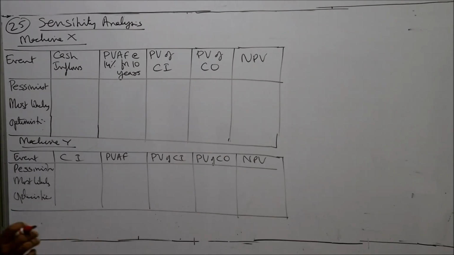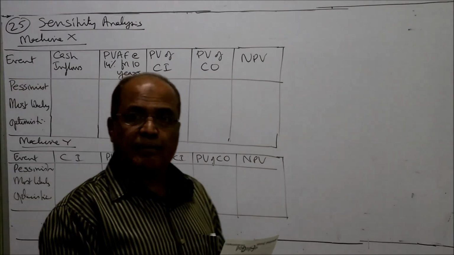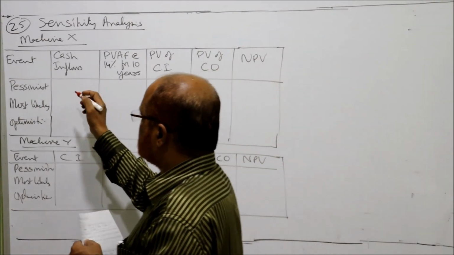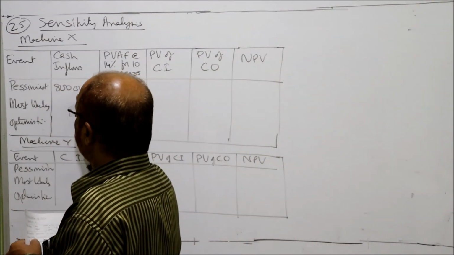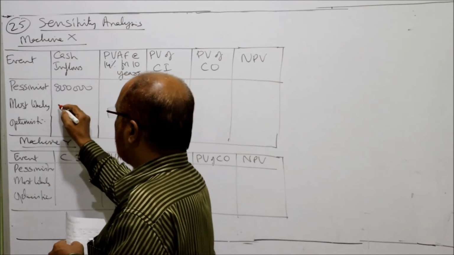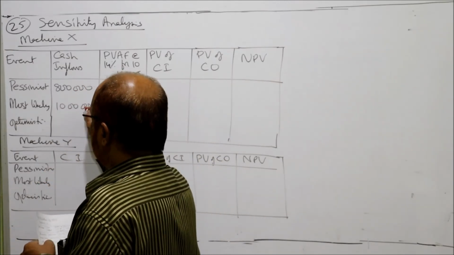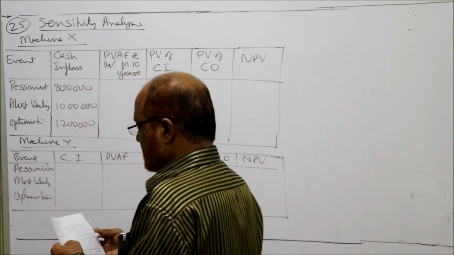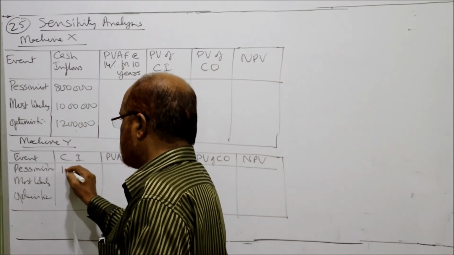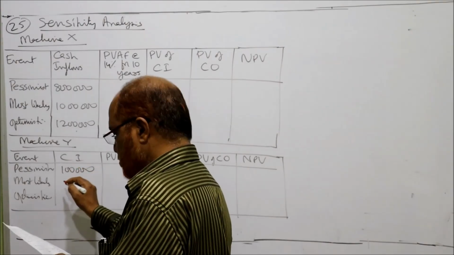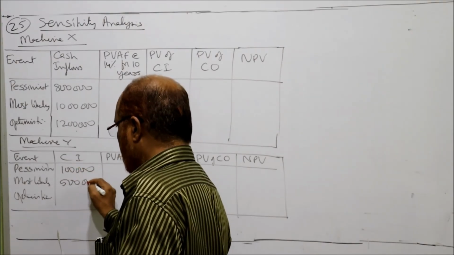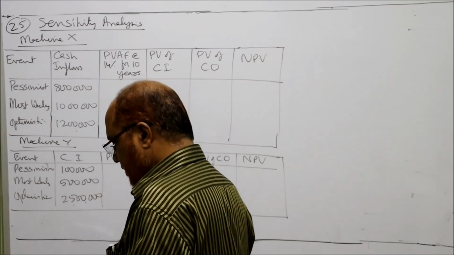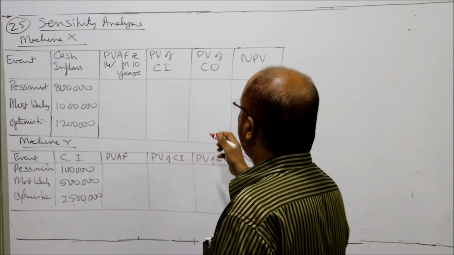See carefully. So these are the tables we are going to make. First one, machine X. Pessimistic 8 lakh, then most likely 10 lakhs, and optimistic 12 lakh given in the problem. Similarly, here it is pessimistic 1 lakh, most likely 5 lakh and optimistic 25 lakh. The cost of the machine is 50 lakh for both.